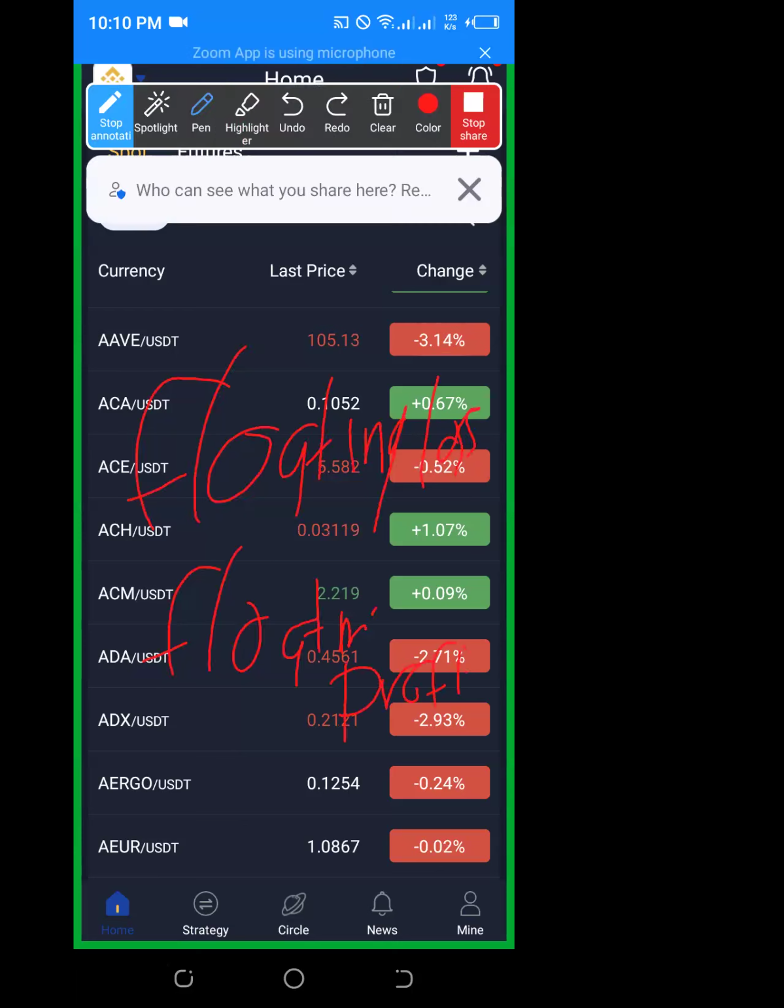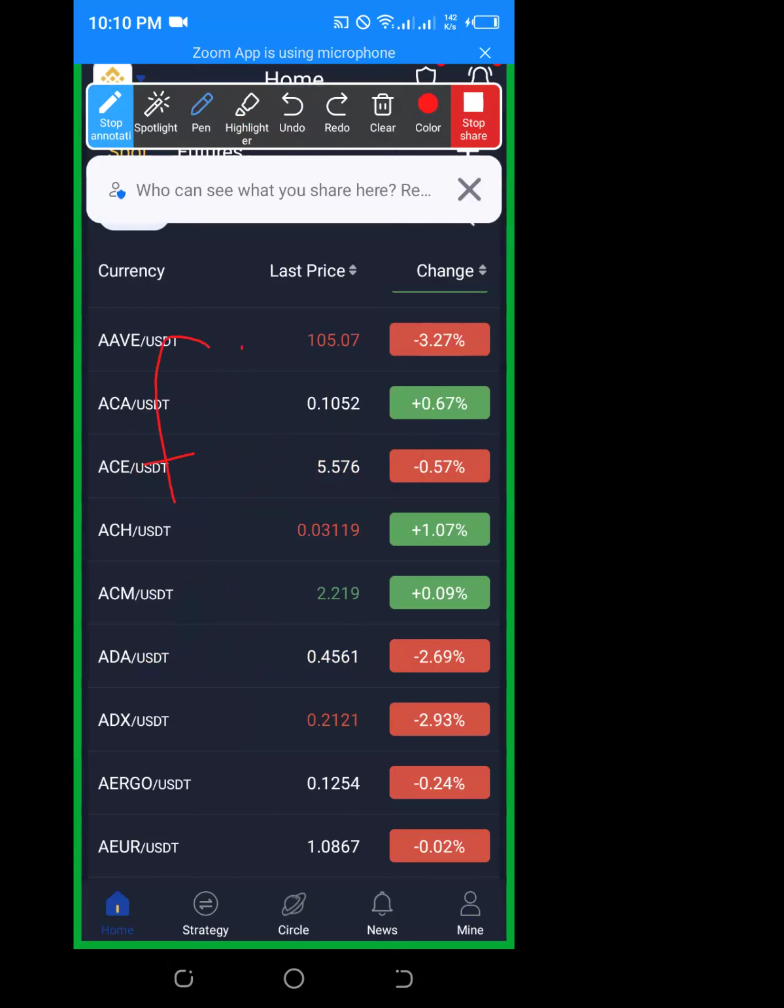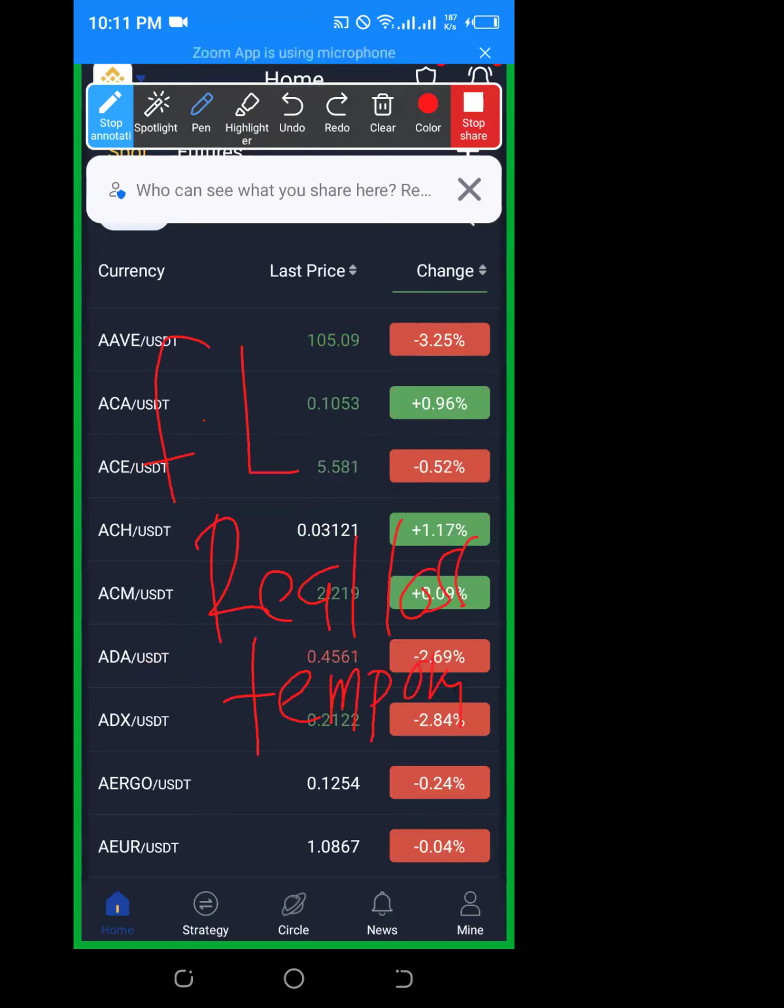Floating loss in Royal Q is not a real loss. It's just a temporary loss due to the fluctuation in the value of assets that you are trading. Okay? And in Royal Q, we don't make losses. That is the fact.